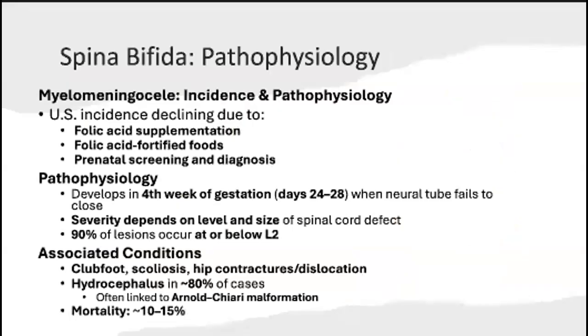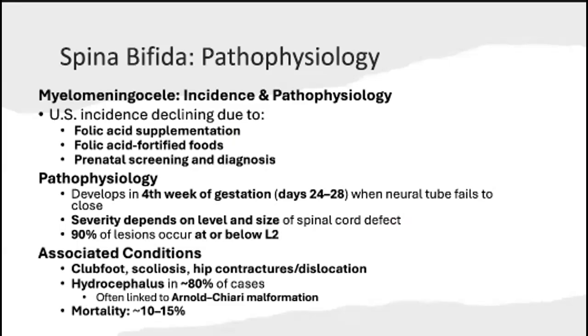All right, a little bit more about the pathophysiology. So, this is just for the myelomeningocele. The rate is declining in the United States, and we kind of link that to our folic acid supplementation. We have a lot of foods that are folic acid enriched, and we're just having better prenatal screenings.